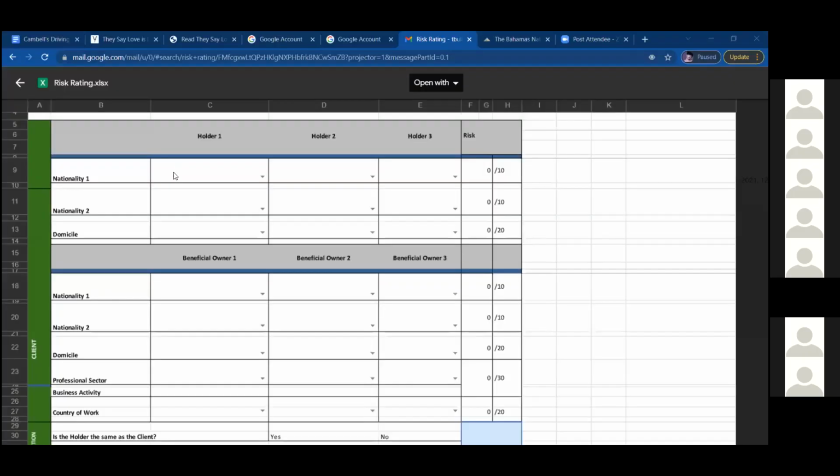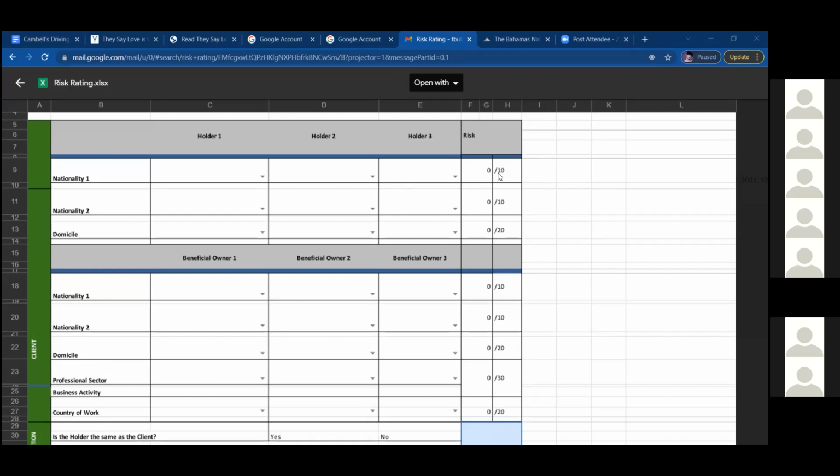Okay, so it's just an example of how you can tailor the risk rating to your business. You can say from 0 to 40 will be low risk, and medium risk will be from 41. Remember, there are normally 10 categories, and again, we look back at the risk rating. So these are the categories: nationality, domicile, professional sector, business activity.